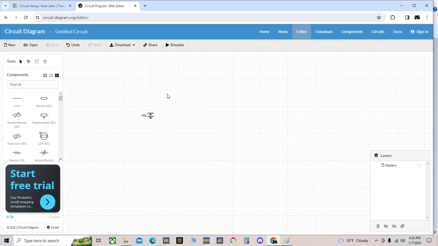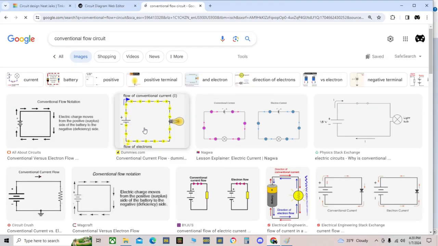So all the schematics use what's called conventional flow. It'll show you positive to negative, which is the opposite of how electrons actually flow. They were pretty dumb. But that means if they bring up something like conventional, it's just that.